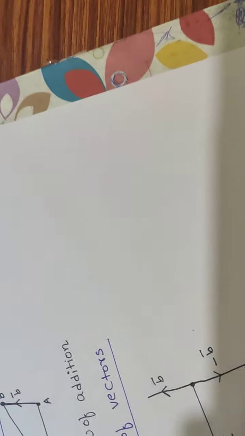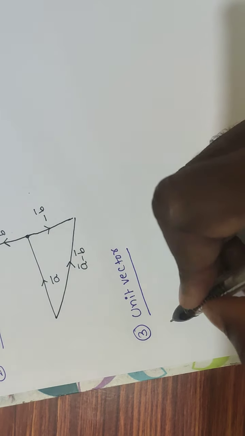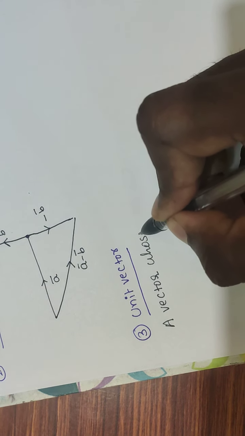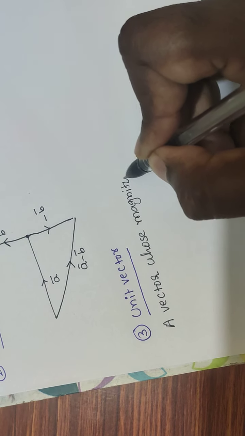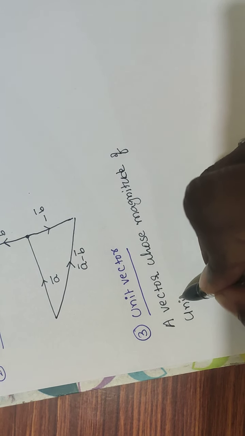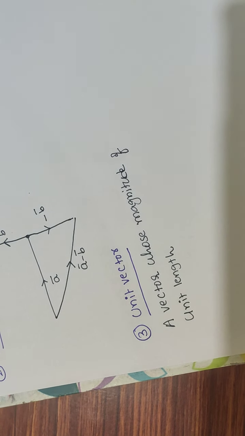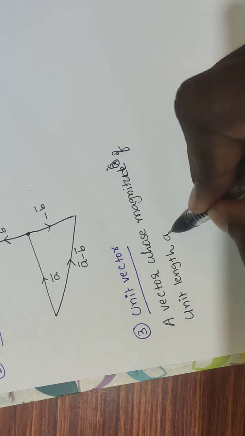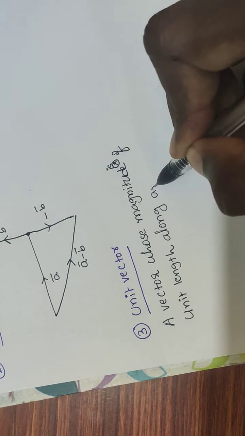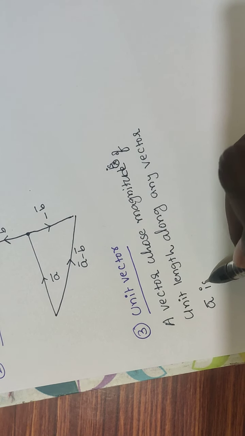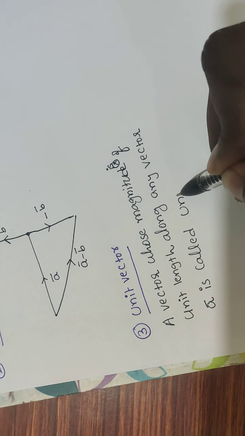Unit vector definition is a vector whose magnitude is of unit length along any vector A bar is called unit vector.